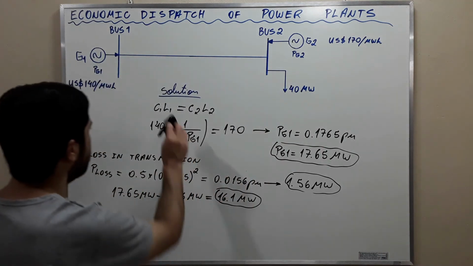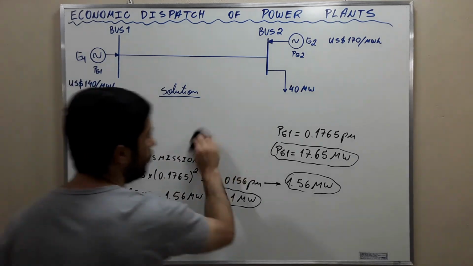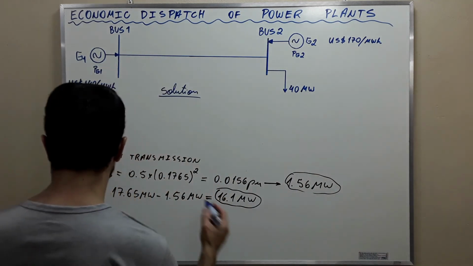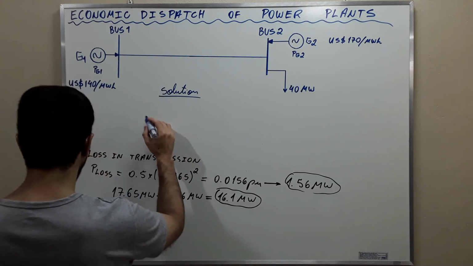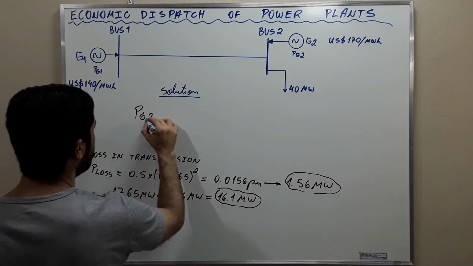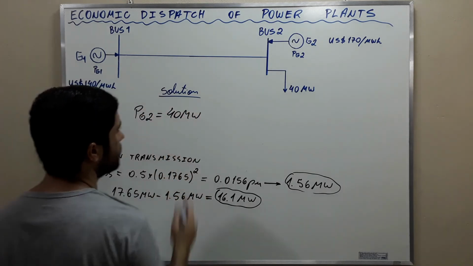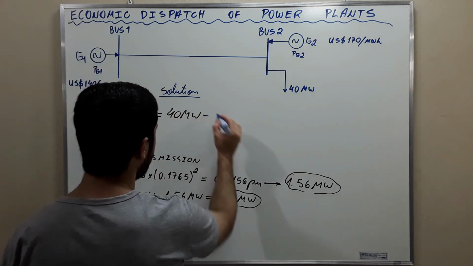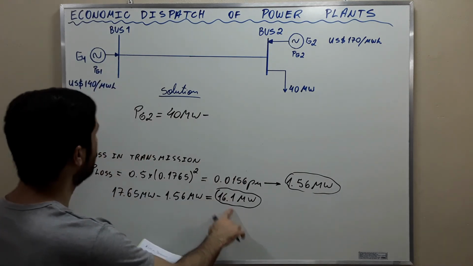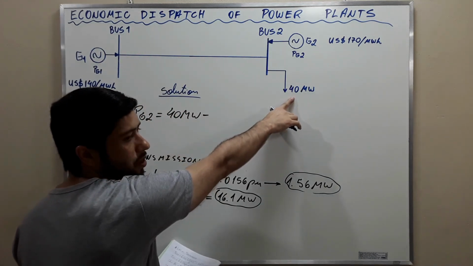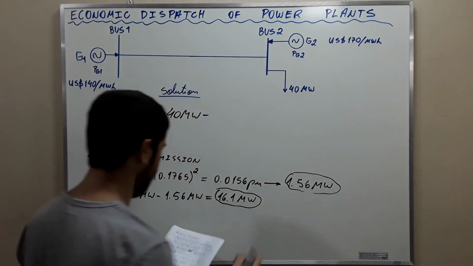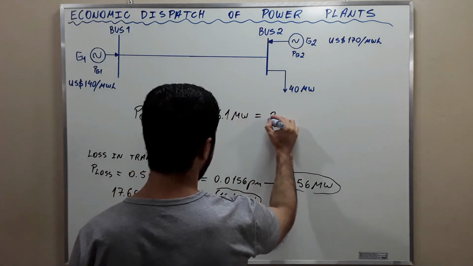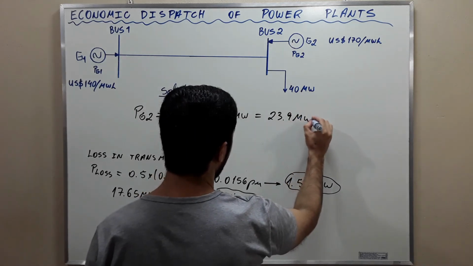The power supplied by generator 2, PG2, is going to be 40 megawatts, the power that the load requires, minus the power from generator 1 that actually reaches the load, 16.1 megawatts, which is equal to 23.9 megawatts.